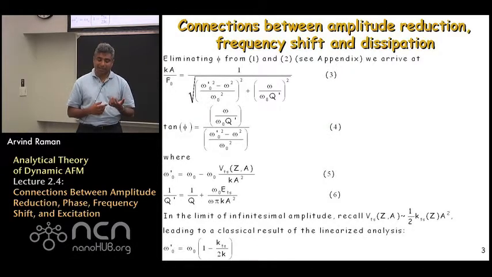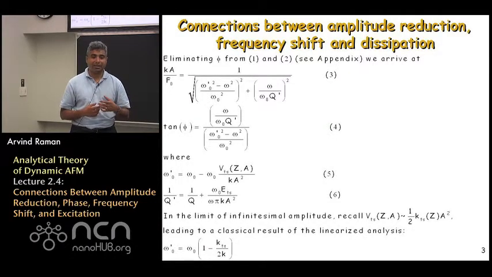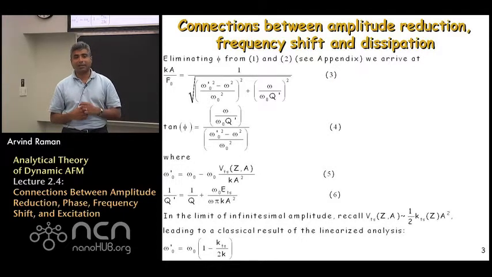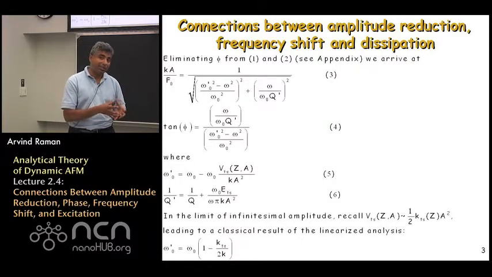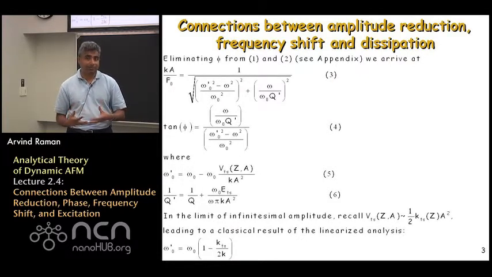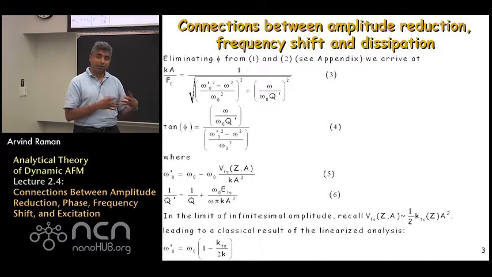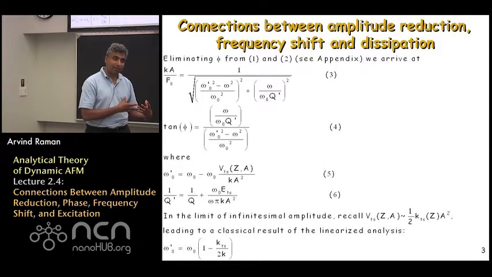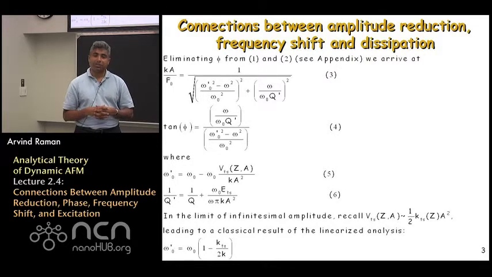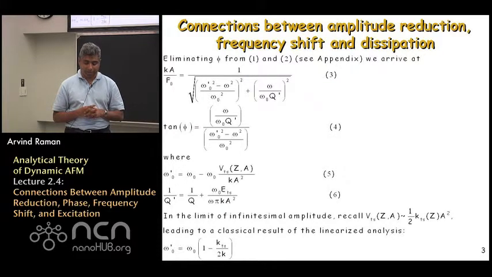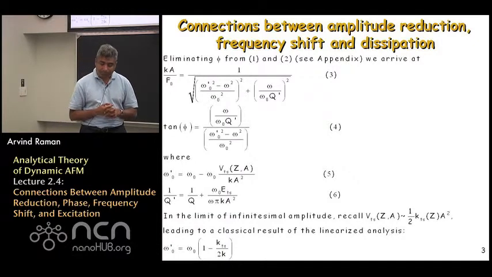Omega naught prime is now the natural frequency of the oscillator, which has been changed due to the virial, the VTS of the interaction, and Q prime is the effective Q factor of the oscillator, that's been changed due to the tip sample dissipation E sub TS.